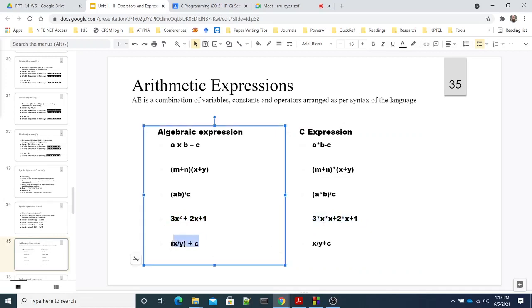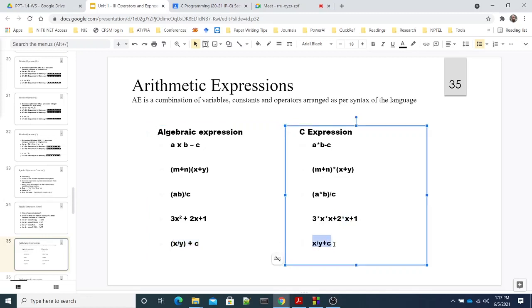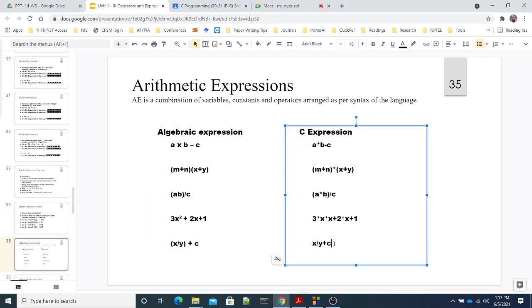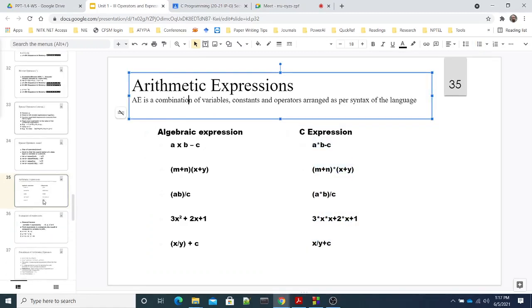In mathematics, we write like this. In C, we can write like this. Parentheses are optional here because in mathematics also they are optional. We know that division will take place first compared to addition. So whether the parentheses are there or not, x by y will take place first in mathematics as well.